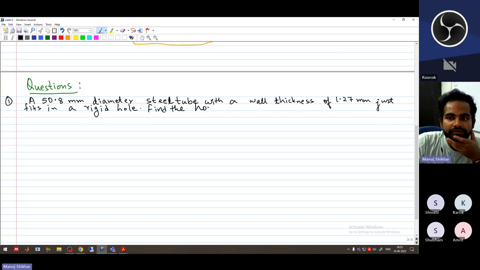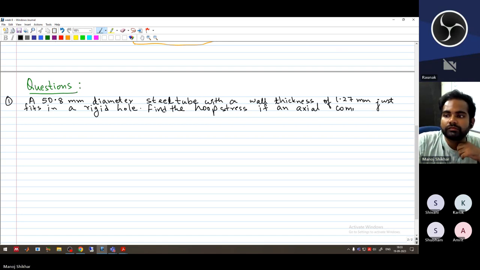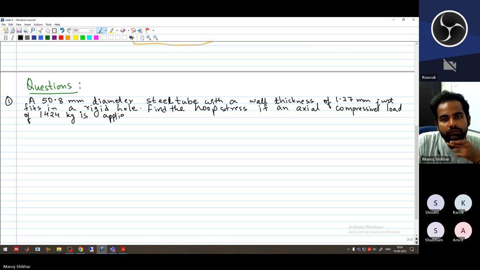Find the hoop stress if an axial compressive load of 1424 kg is applied. Okay.